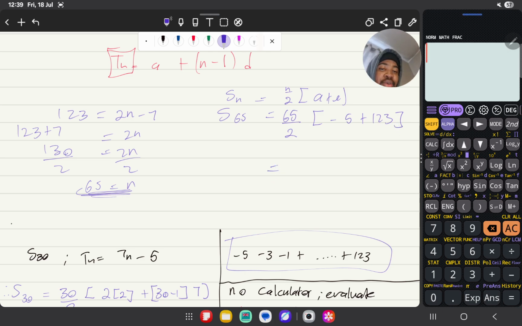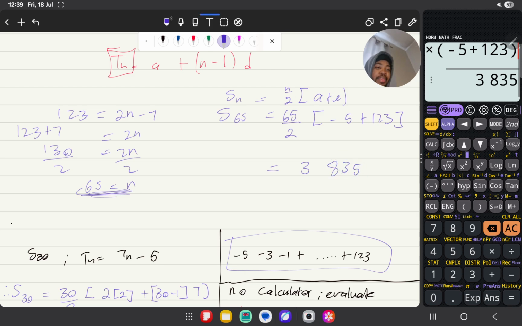You go straight into your calculator and you'd be like 65 divided by 2, and then we are multiplying by minus 5 plus 123, that is 3835. So yeah, this is the summation, right?